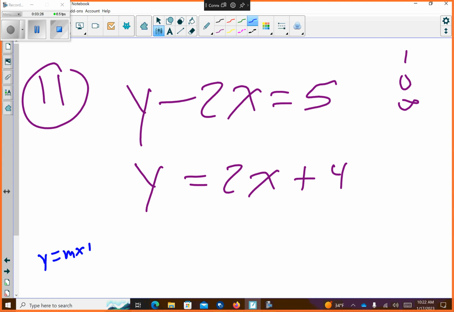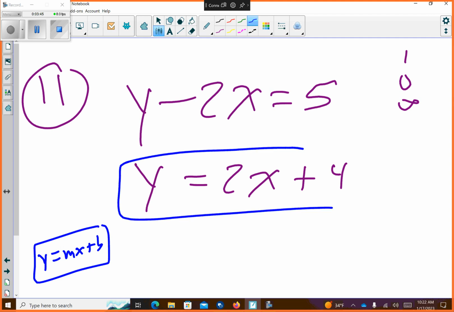If I can make both of them y equals, I can tell what the slopes are. If the slopes are different, then it will be one solution. If the slopes are the same, then we have to figure out, is everything the same? If everything's the same, we have infinite. If it comes out to a false statement, then we have no solution.